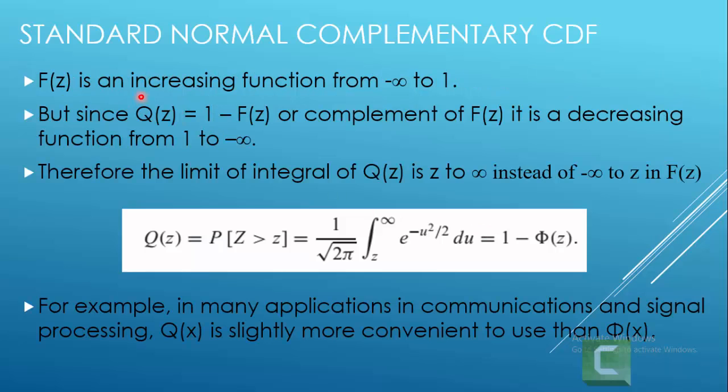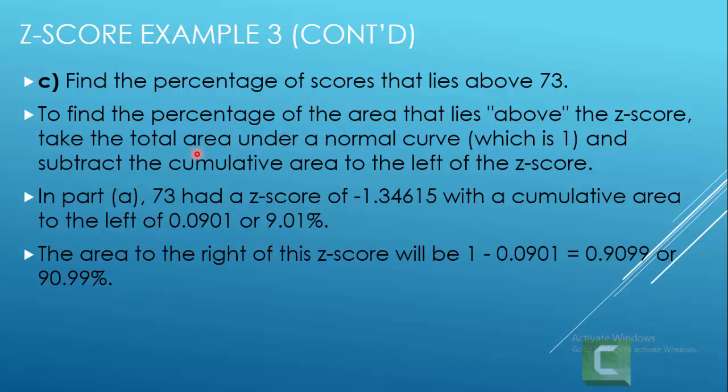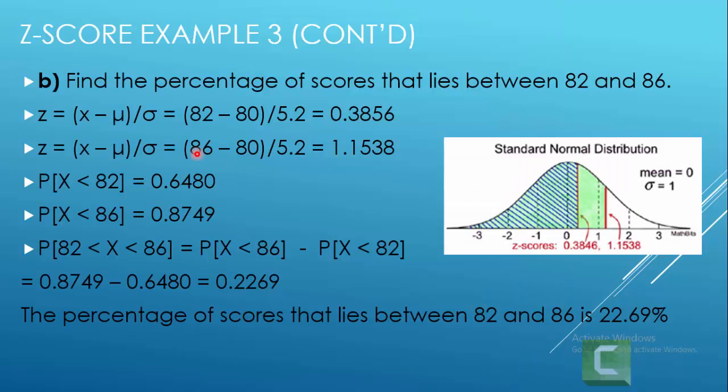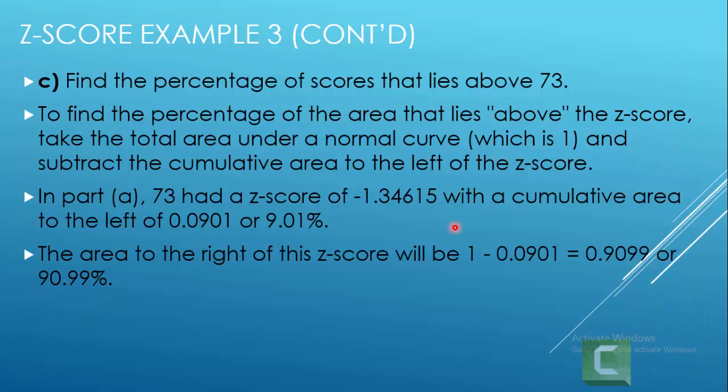So F of z is an increasing function from 0 to 1, as we have seen before. But since Q of z is equal to 1 minus F of z, the complement of F of z, it is a decreasing function, going from 1 to 0. So in the z-score table it goes from minus infinity to 1, but in this case it goes from 1 to minus infinity, from right to left.